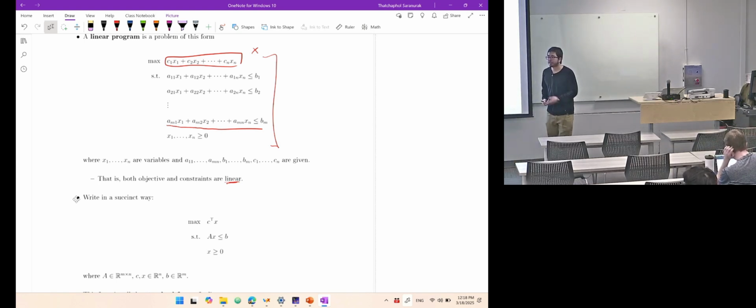Question? Can you just explain what c is again in that bottom example quick? c is just a vector that encodes c1 to cn. It's an n-dimensional vector. So when you do the inner product of c and x, you get exactly this thing.